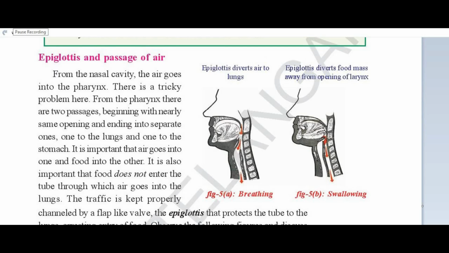This diagram shows the epiglottis and the passage of air. Here in breathing, while taking in the gas, from the nose the air enters here and here, coming to here and then enters into the trachea.